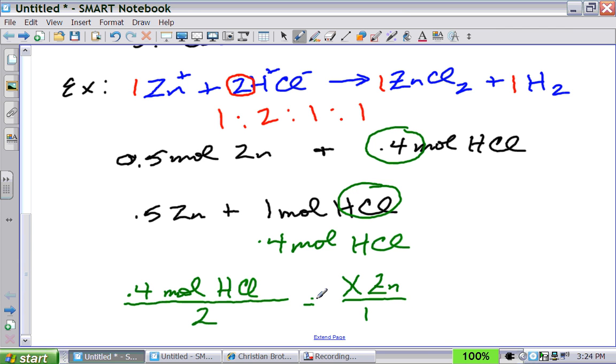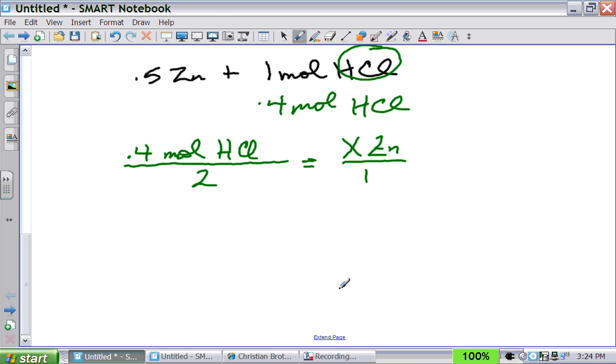Okay, there's that ratio. Now we just cross multiply, and we're going to need half of that 0.4 moles, based on the amount of zinc that we have.